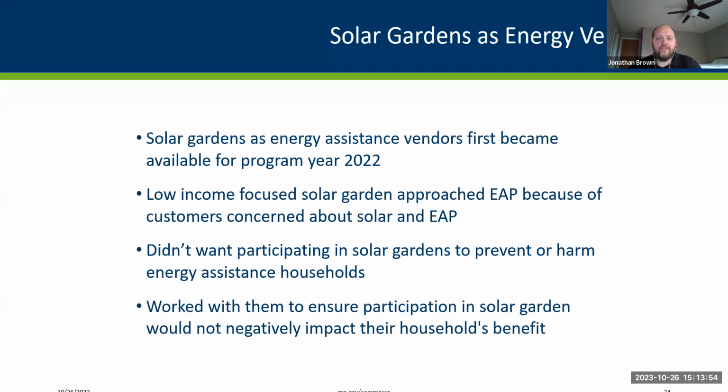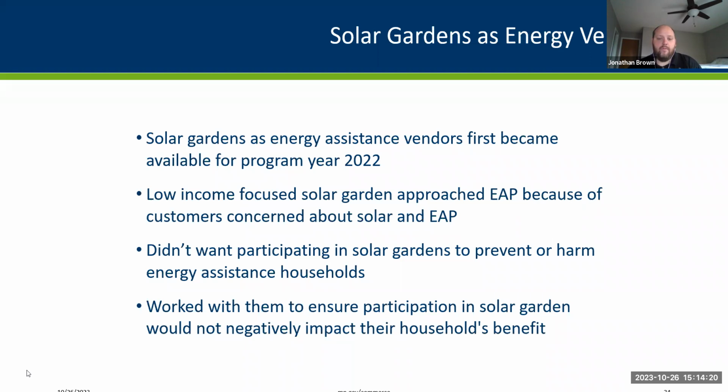So first thing I just want to mention is we've had a program now since the 2022 program year. So we're starting now at the third year of it, but it goes back. Michael can attest to this. We had conversations back in, I think, probably '17, '18 with different parties, talking about how solar could work with energy assistance.